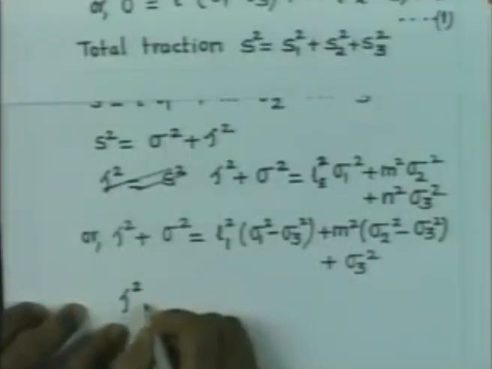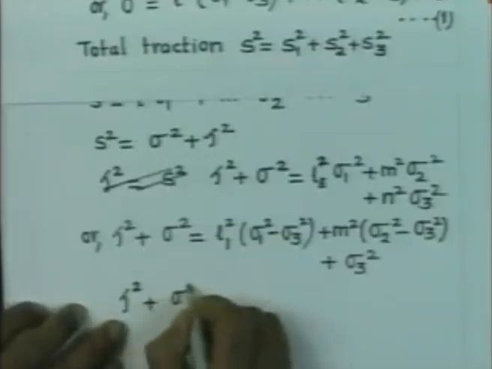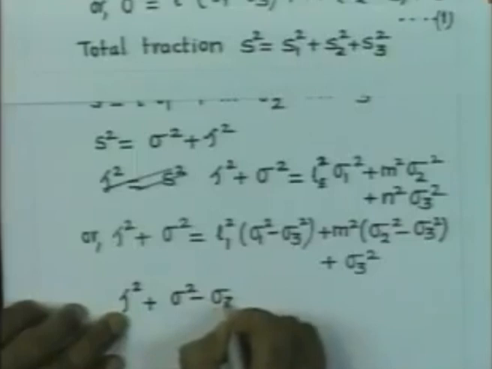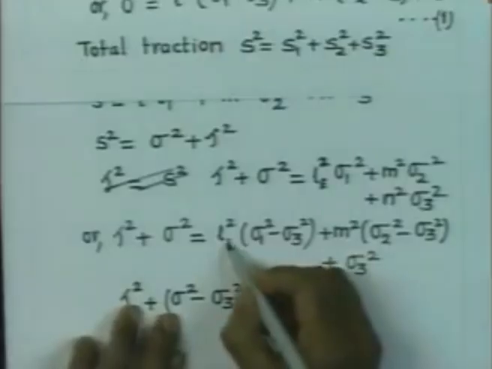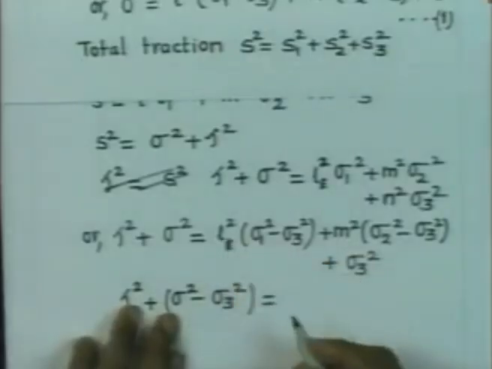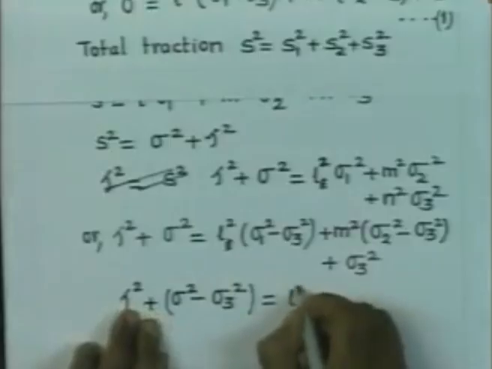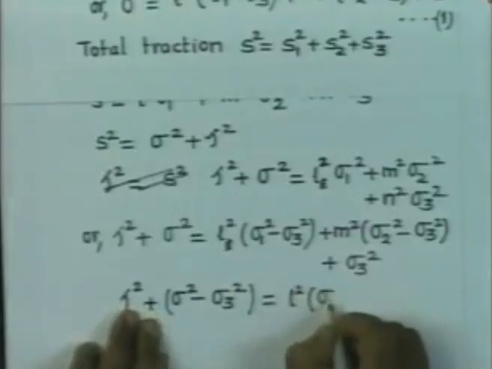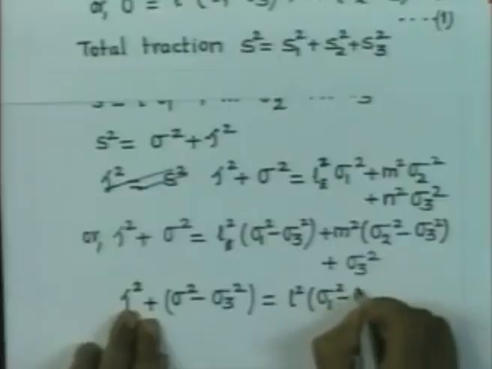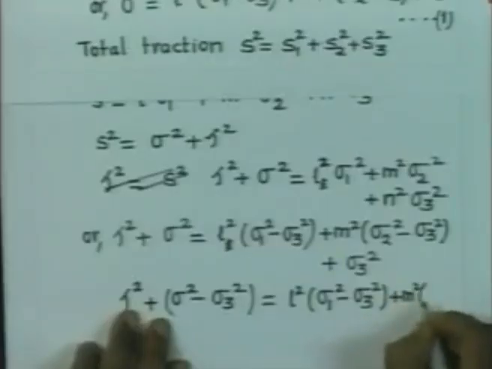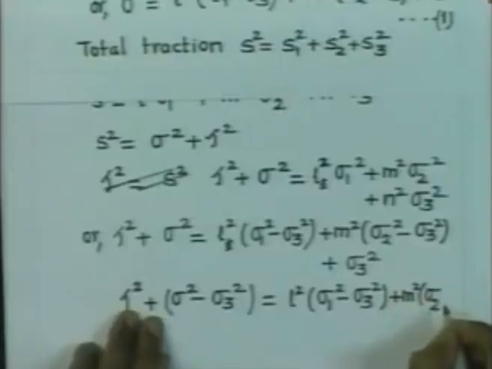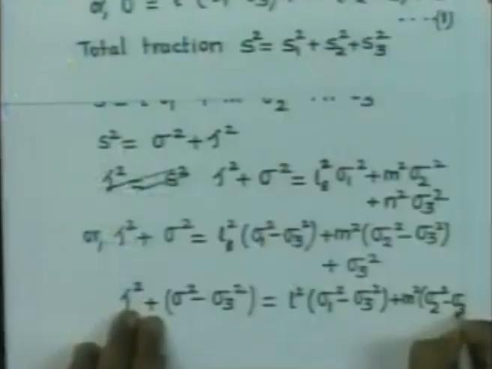Tau square plus sigma square minus sigma 3 square is equal to L square into sigma 1 square minus sigma 3 square plus m square into sigma 2 square minus sigma 3 square.